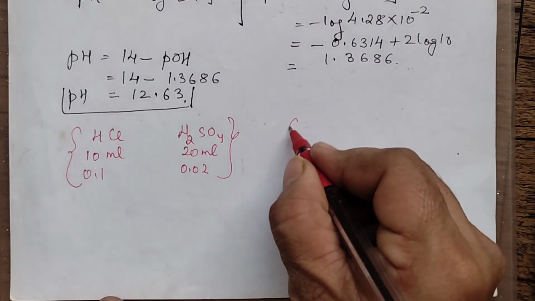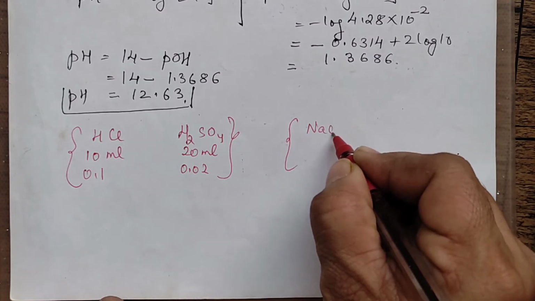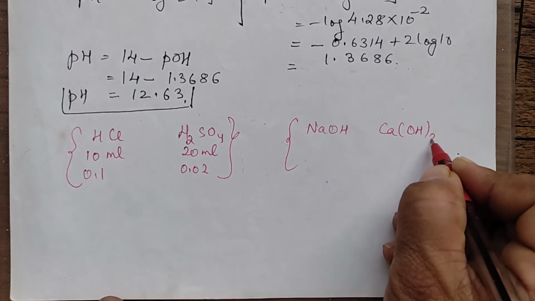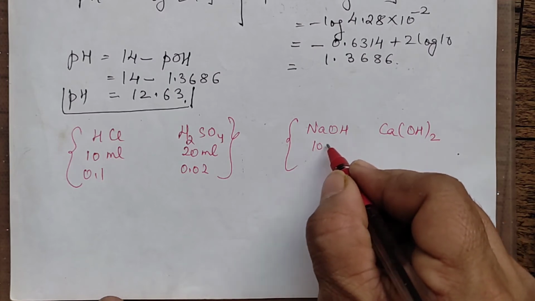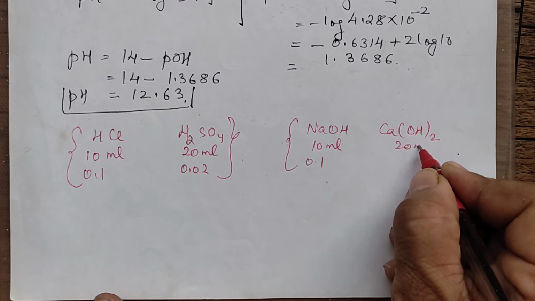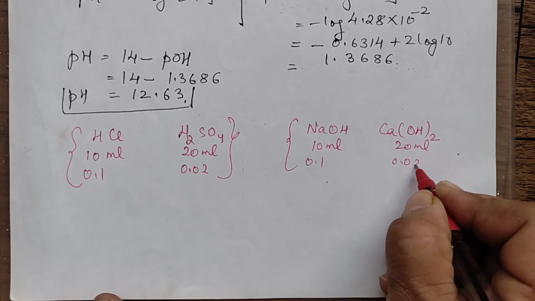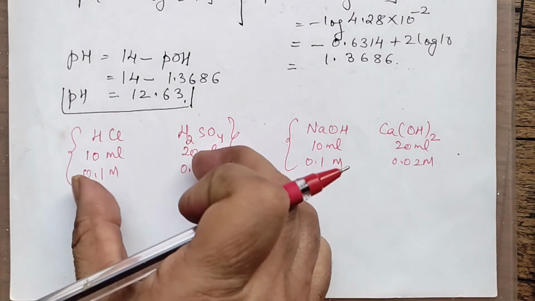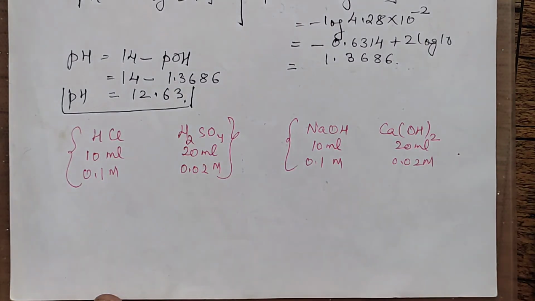Or the question is mixing two bases together, say NaOH and calcium hydroxide, with some volumes given, say 20 ml and 0.02 molar. Suppose either two acids or two bases are mixed, then what is the pH of the resultant solution?